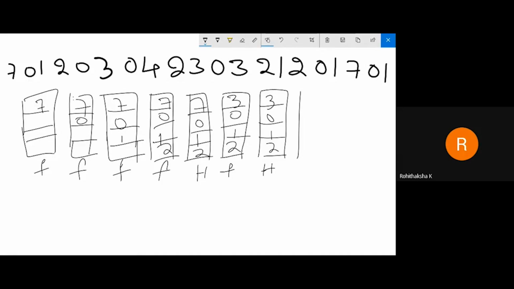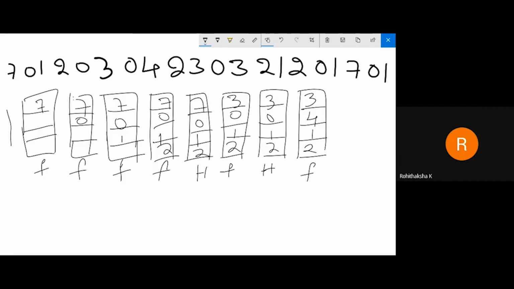So I'll erase this 0 and replace it with the new page number, that is 4. Now I'll get 3, 4, 1, 2, and since that particular page was not there, I'll consider it a page fault.